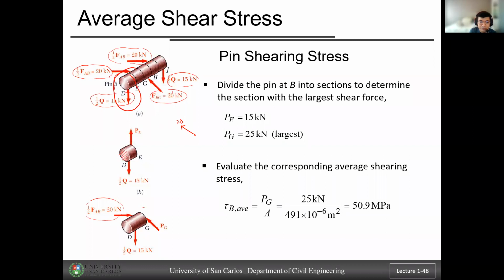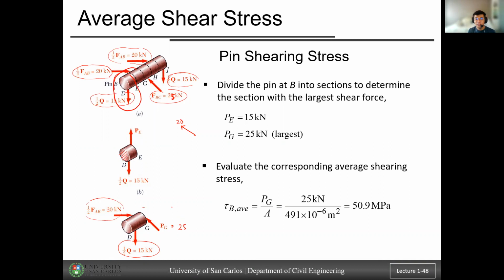Dili ni siya 20, but this one is 25. And then 15, ba? And then the shear force coming from the material above is 25. So this one is 25 from force BC.